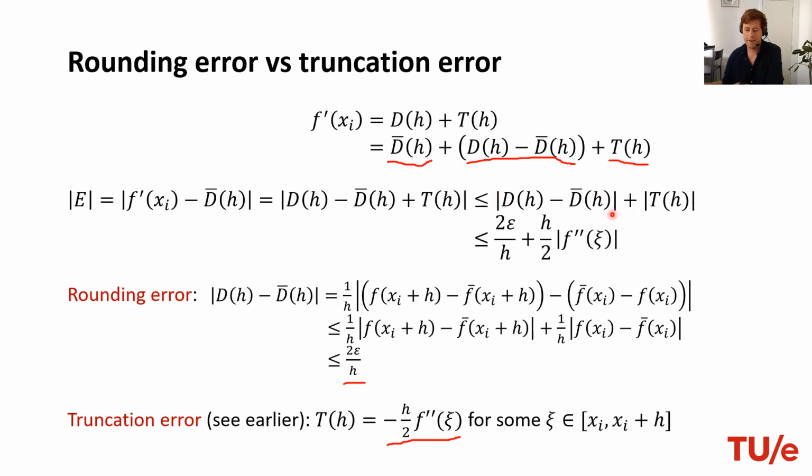We have here the rounding error, we have the truncation error, and for both of these we have expressions. So this means that we can express the total error as the rounding error plus the truncation error. So here we have an upper bound, or an estimate for the upper bound, on our total error as a function of epsilon, which is dependent on your machine, and h, which is a user-defined choice.